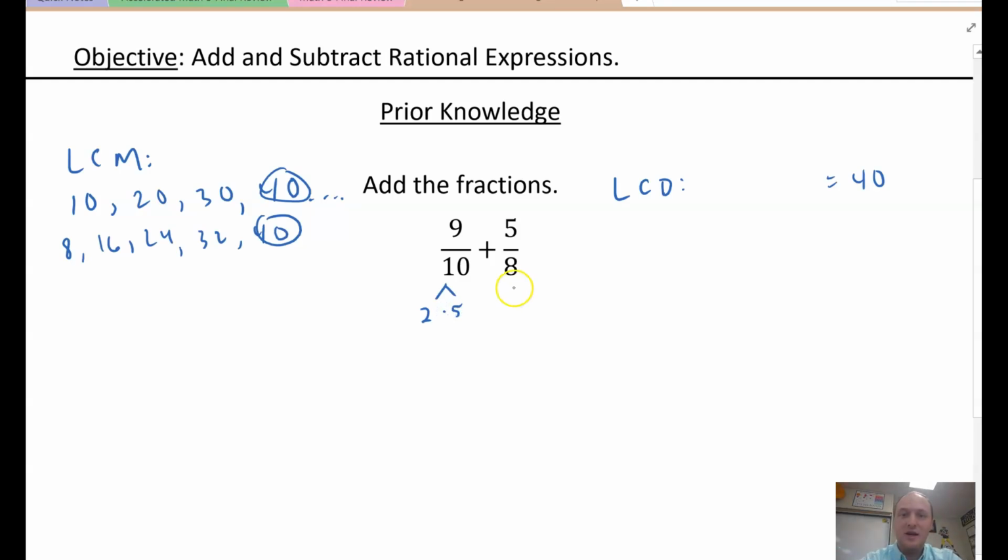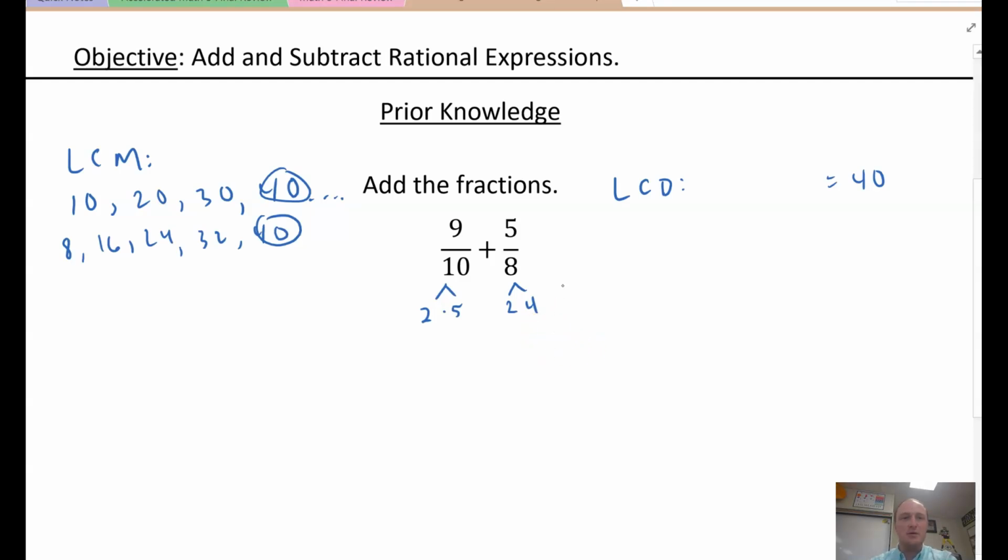And if I take 8, that's 2 times 4, which is also 2 times 2. So the prime factorization of 8 would be 2 cubed. For this lesson, you're not going to need to know prime factorization. I bring it up just so you understand the idea of breaking down a number into smaller pieces.